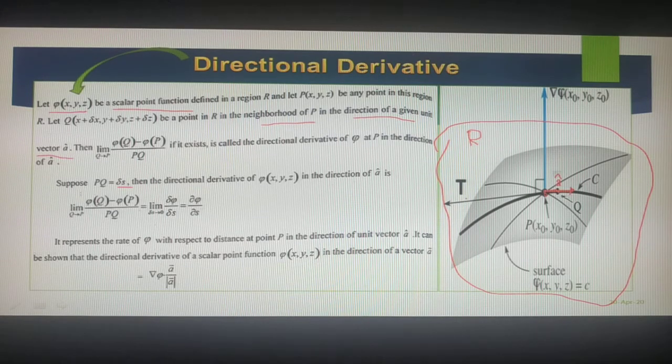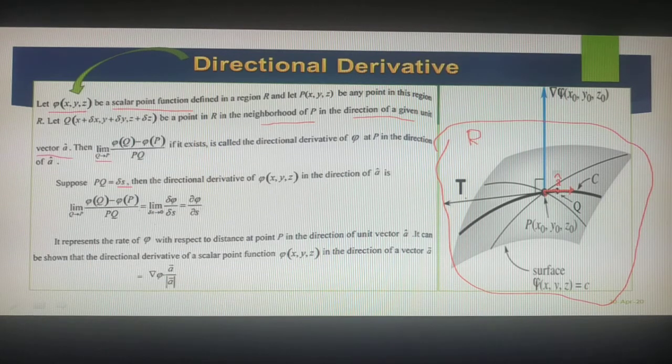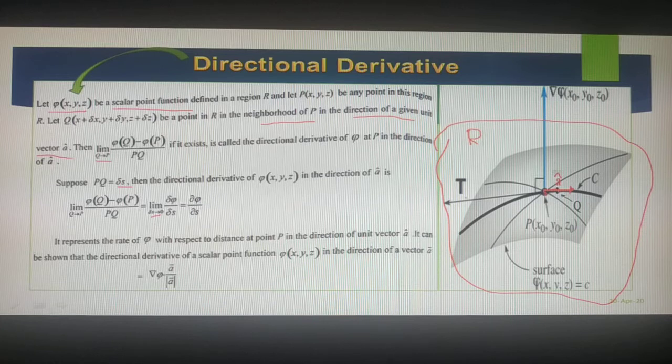See, when I apply the limit Q tends to P, actually Q is in the neighborhood. If Q tends to P, indirectly the distance delta s is also tending towards 0, then this will be equal to the differential, del phi by del s, the change in phi with respect to s, that is your derivative del phi by del s.